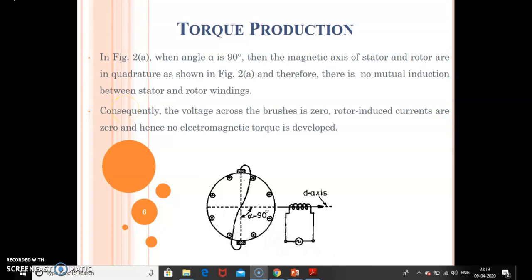Consequently, the voltage across the brushes is zero. So when the voltage across the brushes is zero, the rotor induced current is zero, and hence no electromagnetic torque is developed. So we can conclude that alpha equal to 90 degrees must not be the position for torque production.